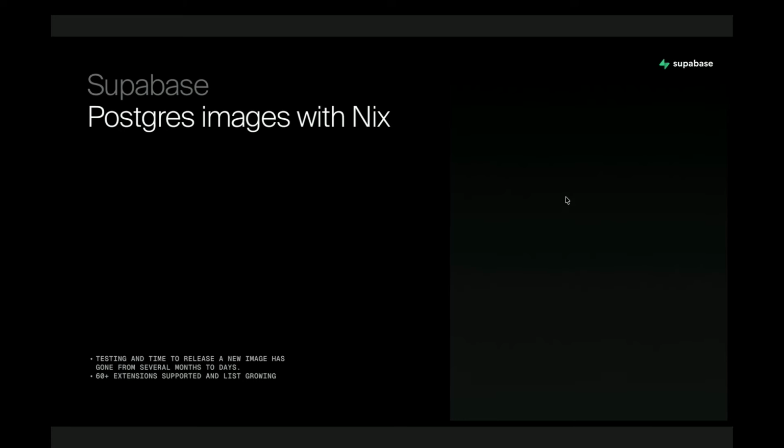The second thing that we did is about the number of extensions. People always want more extensions bundled in. With Supabase, we have more than 60 extensions already. One of the things that makes Postgres cool is the rich extension ecosystem that it has.